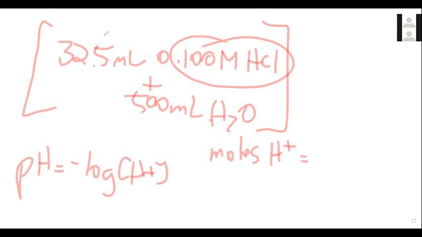Is it 0.1 moles over liter? So I've got moles on this side, but I have moles over liters on this side. They're not the same thing. Multiply it by the volume.